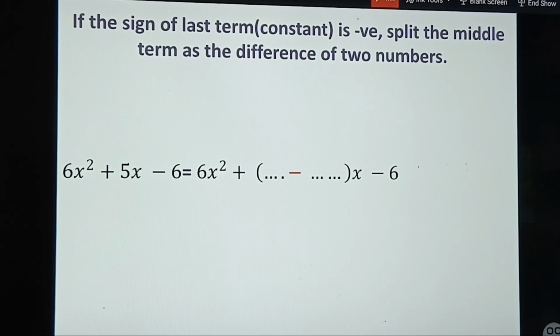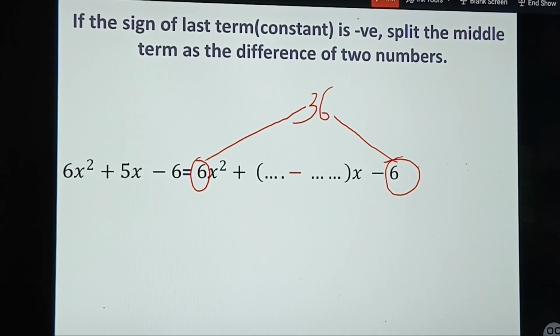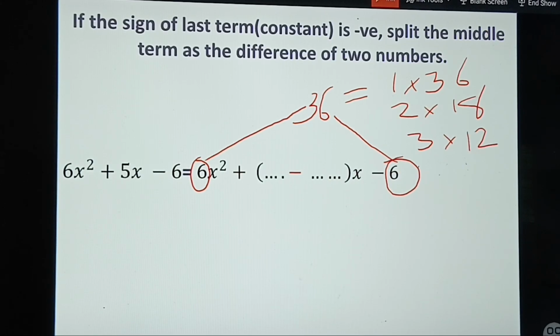You multiply the coefficient of x square and the constant, 6 and 6, you get 36. 36 has different combinations like 1 into 36, 2 into 18, 3 into 12, 4 into 9, 6 into 6.